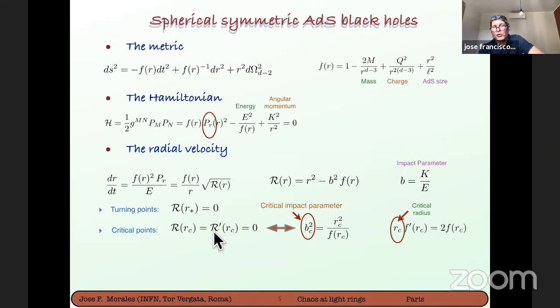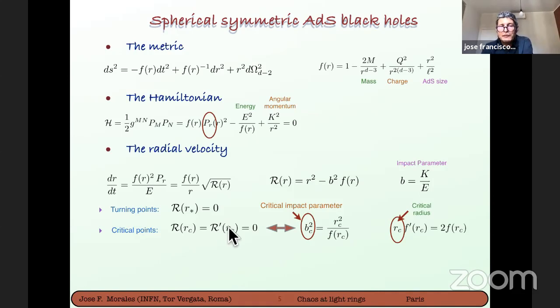You reach a double zero of this function. Of course, this happens only if you come with some critical impact parameter, for some specific choice of the impact parameter and for some specific radius that you can compute by solving these two equations. This is what we call a critical point.